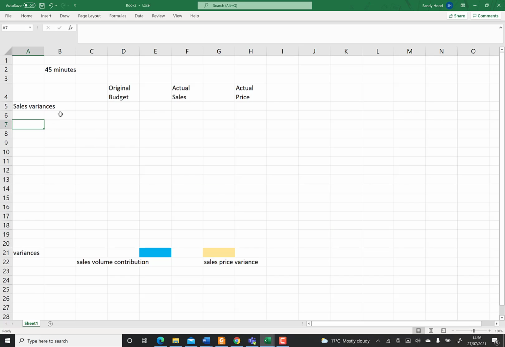So I'm going to be looking at the plasma TVs, LCD TVs, and it operates in a highly competitive market and is constantly under pressure to reduce prices. I can't help thinking there's probably going to be an adverse sales price variance, but we'll just see.